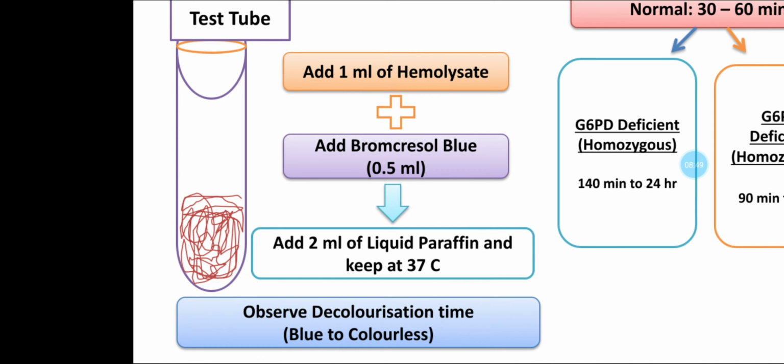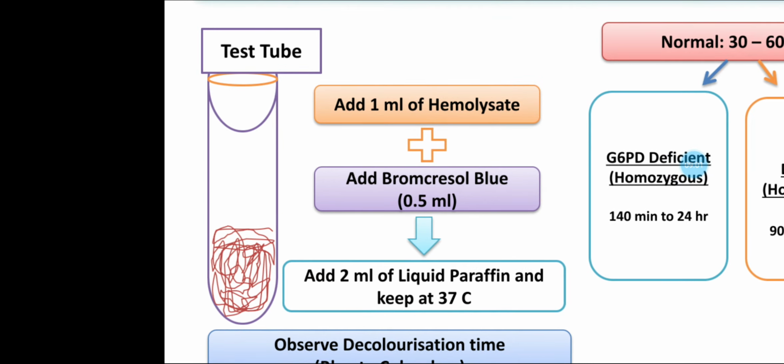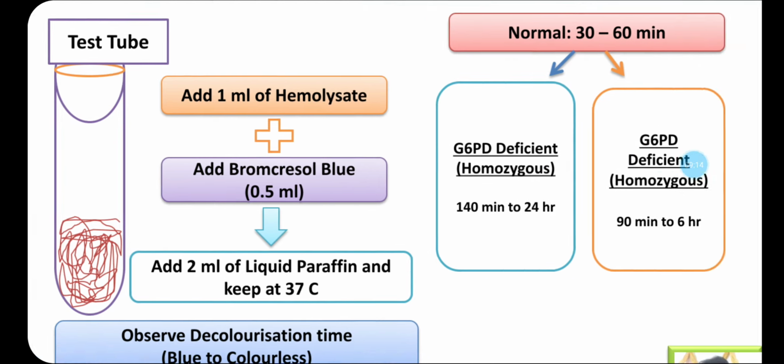We note the decolorization time, that is the conversion of the blue color of the compound to a colorless solution. Nowadays G6PD vials are commercially available, and we have to add only 1 ml of hemolysate and 2 ml of liquid paraffin to that, and we can use that commercially available vial as well for the test.